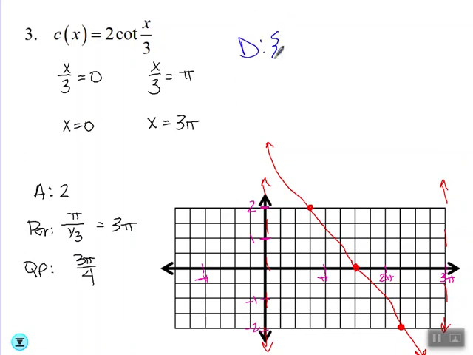When we write the domain, we have x such that x does not equal one of the asymptotes plus the period times k. I'm going to do a little shortcut here and just say 3 pi k. Technically this is the same as saying 0 as my asymptote plus 3 pi, which is the period, times k, where k is an integer. And again, the range is all real numbers.